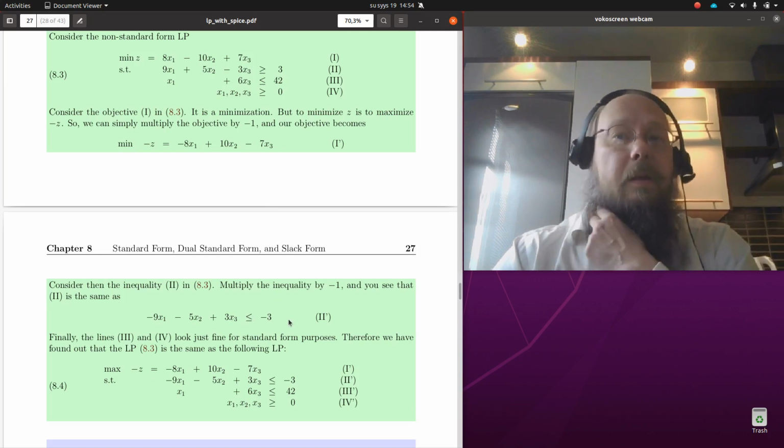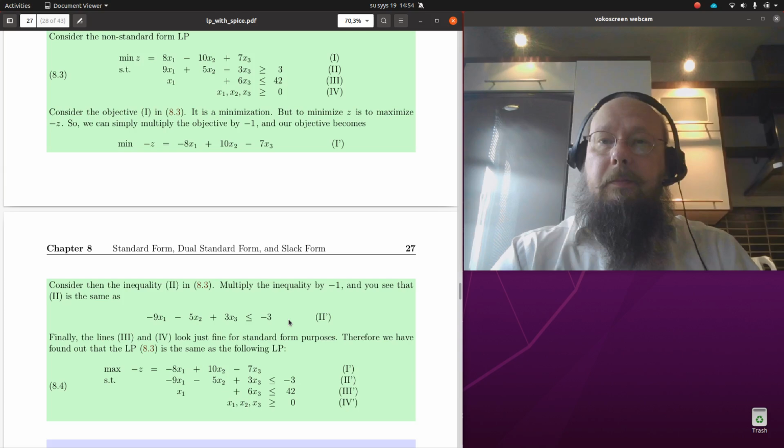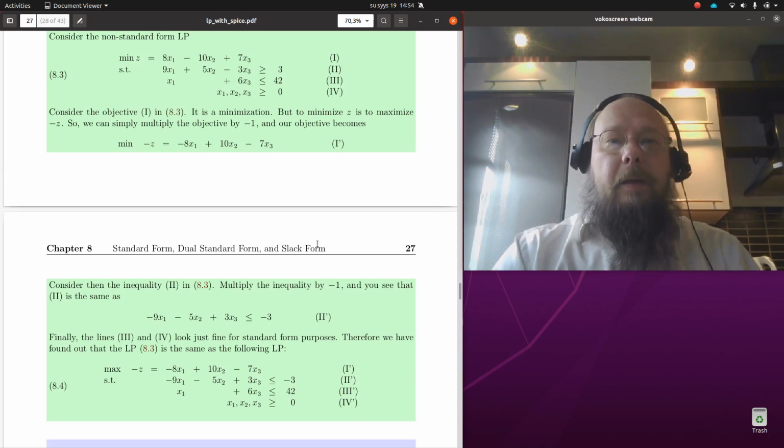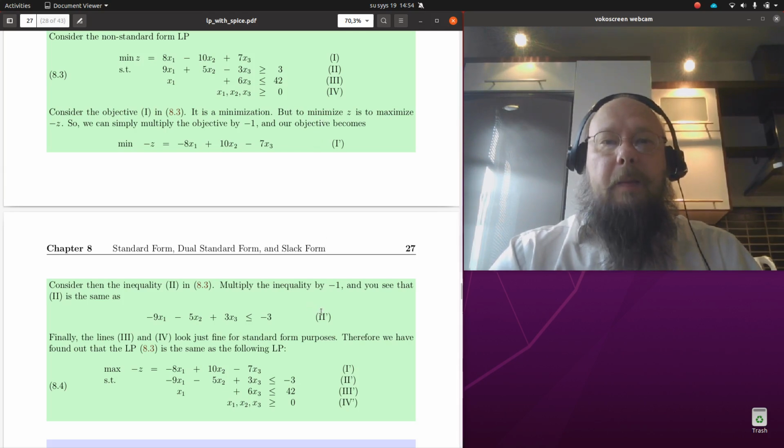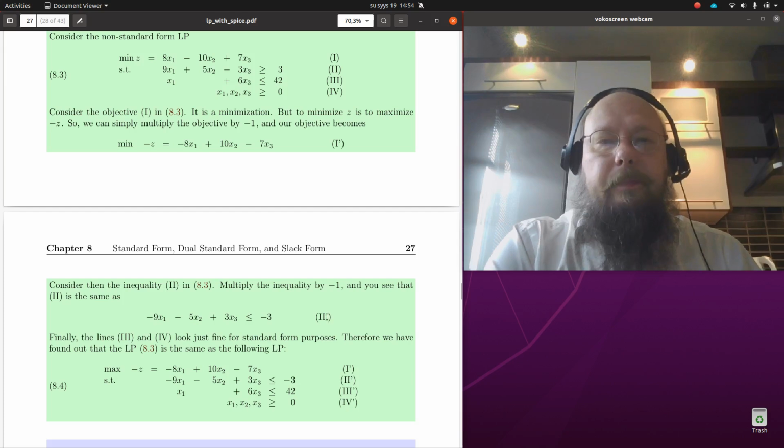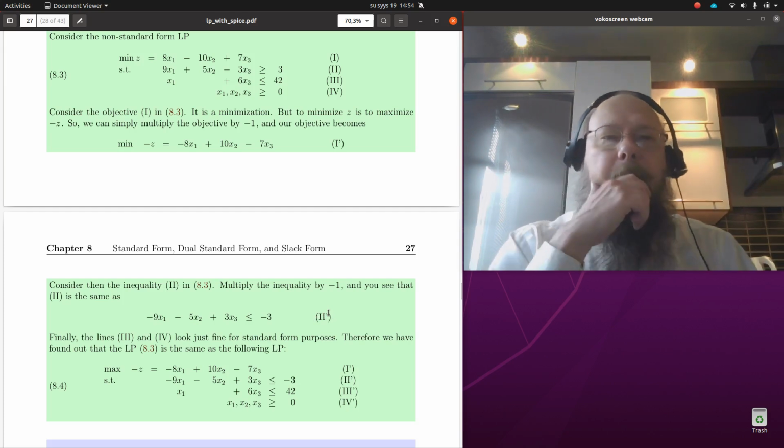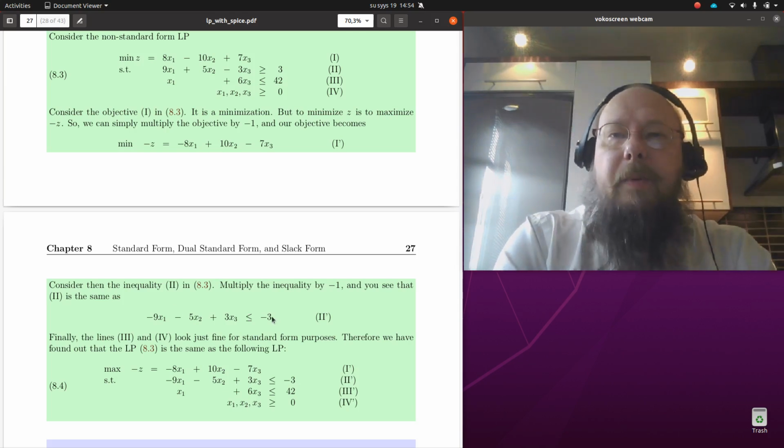Okay, so that's the same inequality. The constraint 2 here is the same as 2 prime, where prime just means it's the same as 2 but written in a different form. So the constraint now is an upper bound, as we want to have with standard form LP.